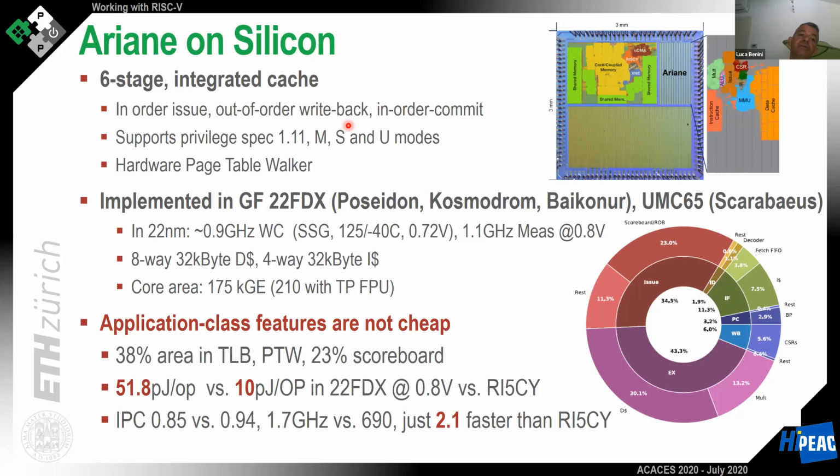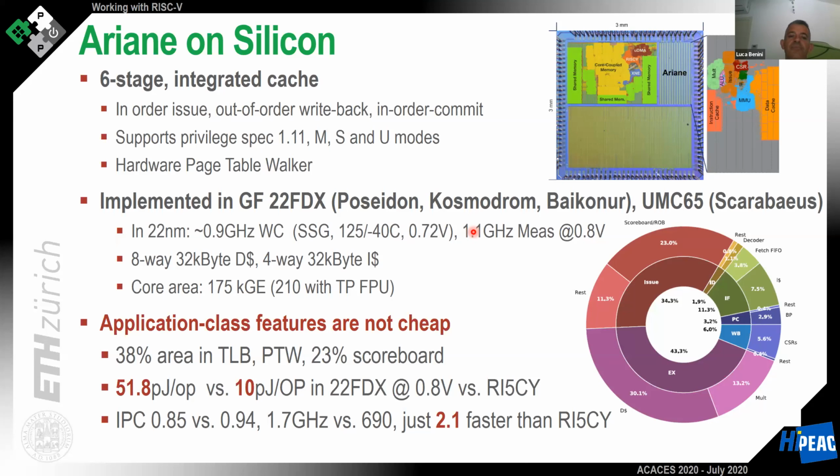So this is an implementation of Ariane in FDX22 technology. The basic features of Ariane are summarized here, as you remember from the microarchitectural discussion we had. And here you see that the targets for the implementation in silicon are actually achieved. So the design was closed in worst case at around 1 gigahertz, and actually in nominal conditions, it's working faster than 1 gigahertz.